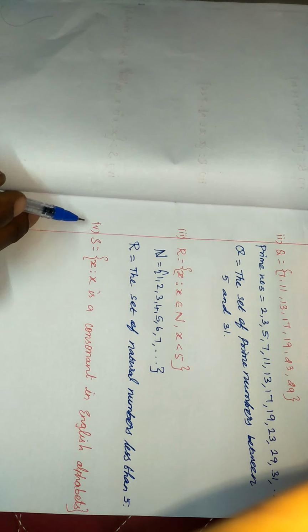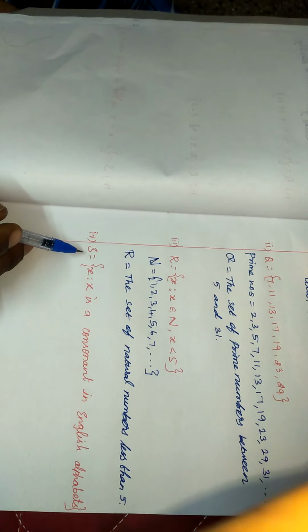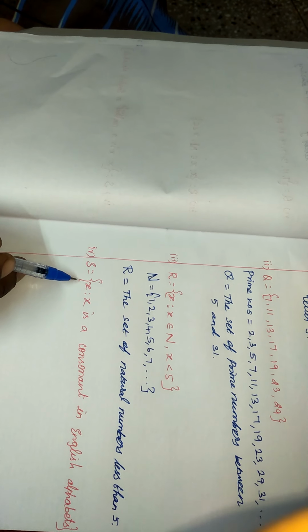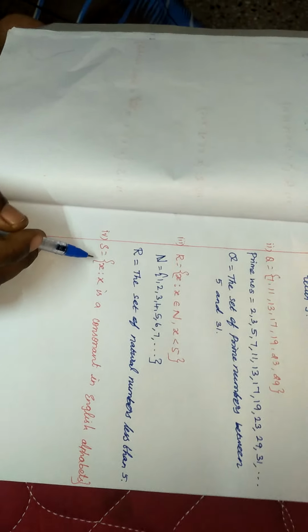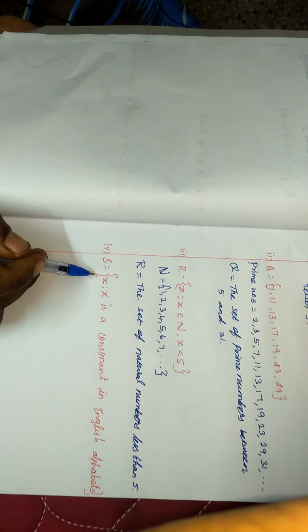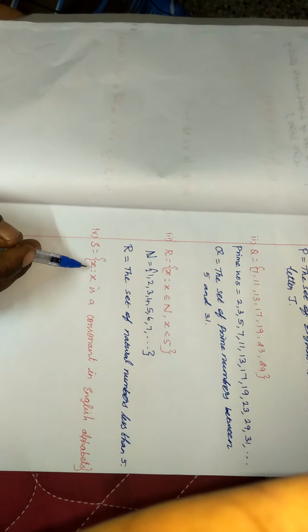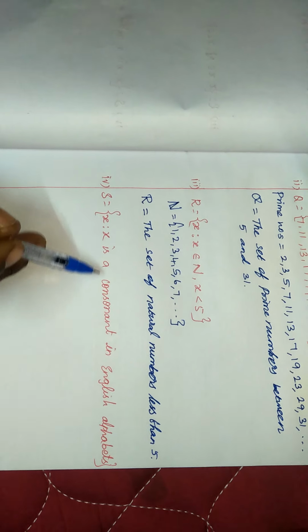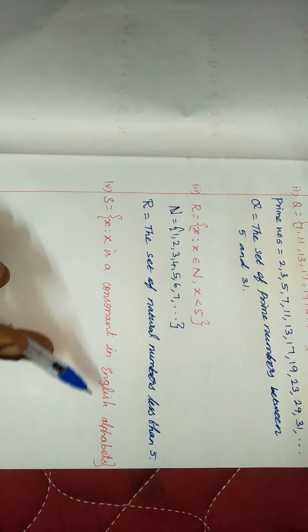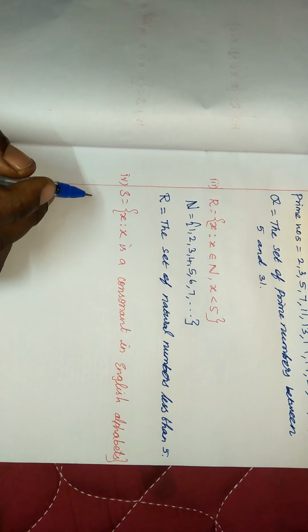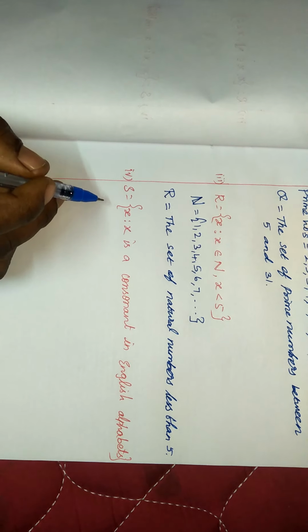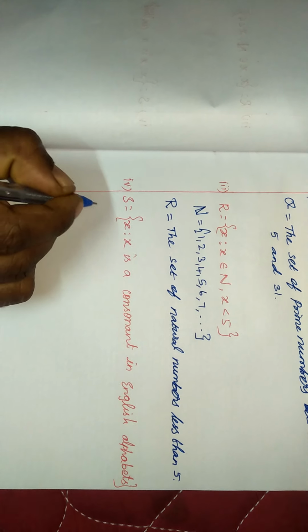Next, fourth one, S is equal to open curly bracket x such that x is a consonant in English alphabets. So you have to write the set as descriptive form.